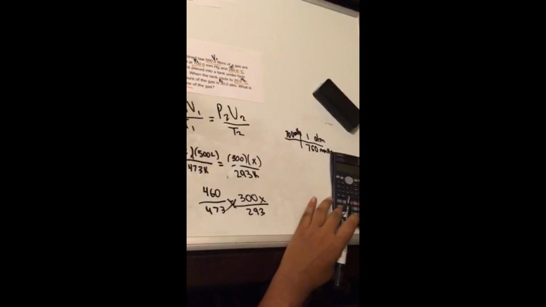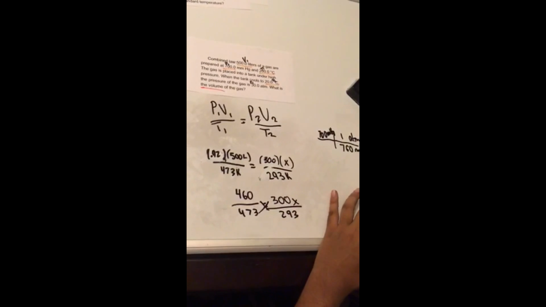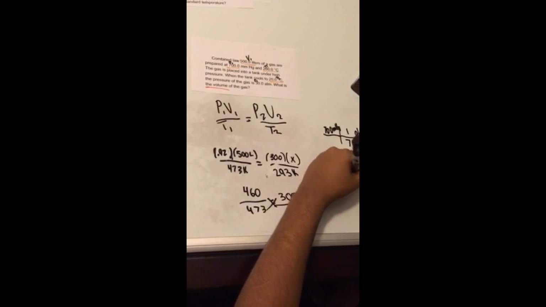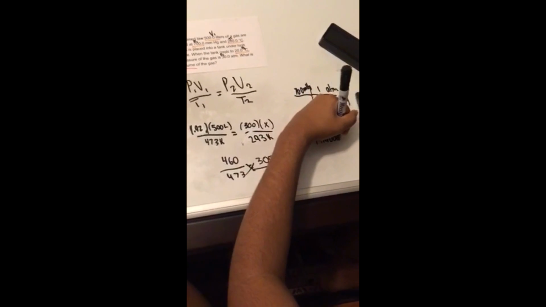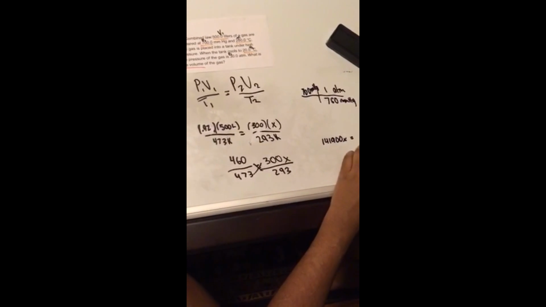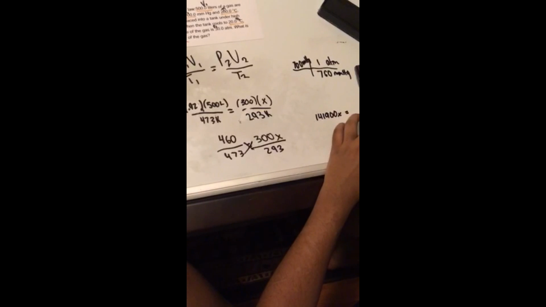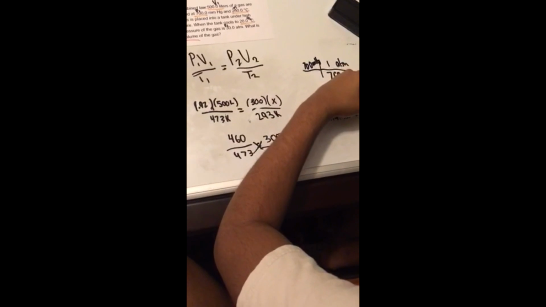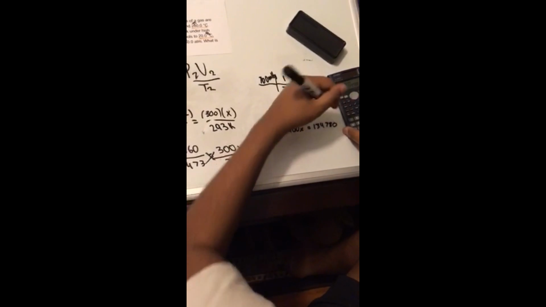So what we would do is we would do 300 times 473, which would be 141,900. X equals 134,780.